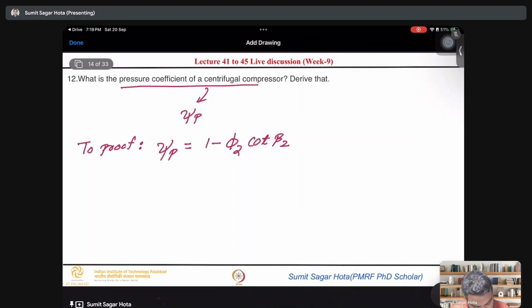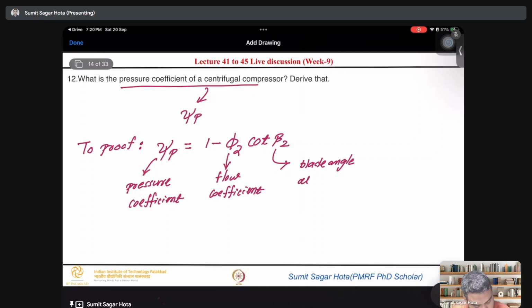Here psi p is the pressure coefficient, phi 2 is the flow coefficient, and beta 2 is the blade angle at outlet.